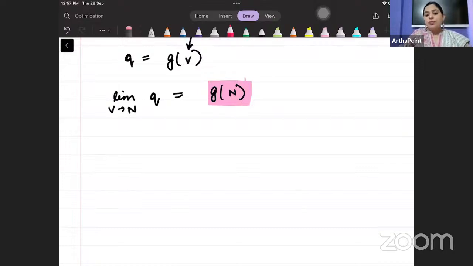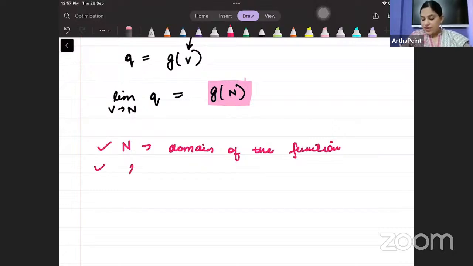It is very important to understand that when I talk about n, then beta n must be in the domain of the function. ये पहली चीज है. Secondly, the function must have a limit. मतलब कि when limit v tends to n q करे, जो हमारा g of n आ रहा है, it must exist.